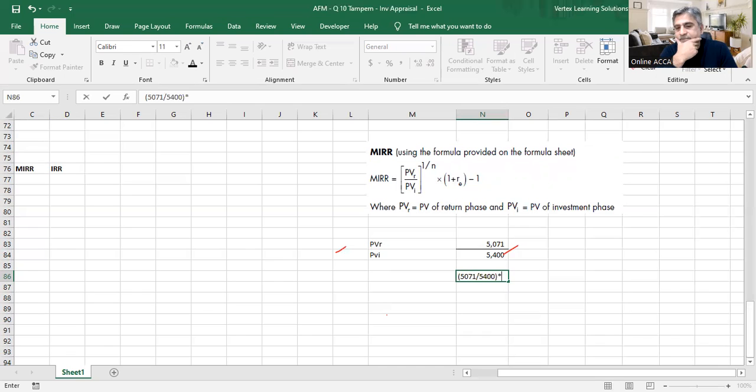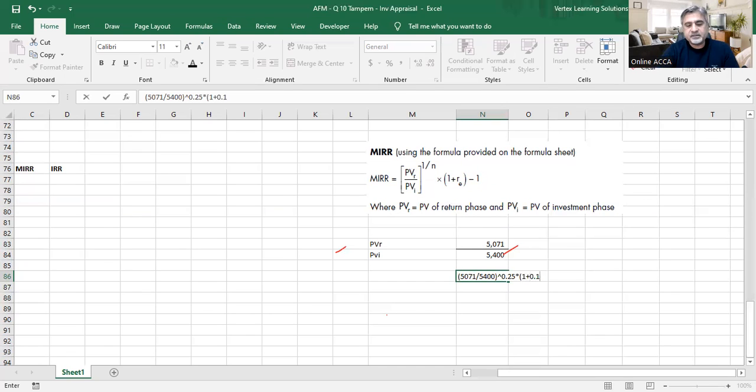Multiply it with, and actually there is a power function, power 1 over n. It says 1 over n, which means 1 by 4. Making it simple, 1 by 4, I can call it 0.25. Multiply it with 1 plus RE, which means 1 plus 0.1.